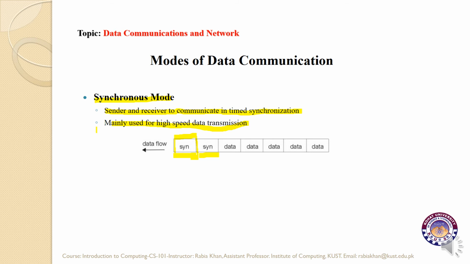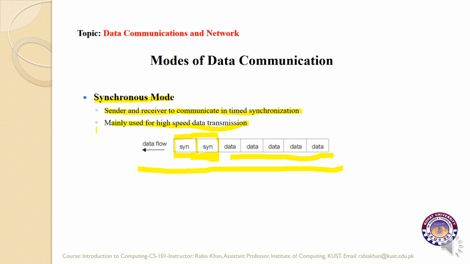As we just discussed, before sending the data, the sender first sends the synchronization bits. Here you can see the synchronization bits are first sent before sending the data, in order to inform the receiver that the data is about to be sent.